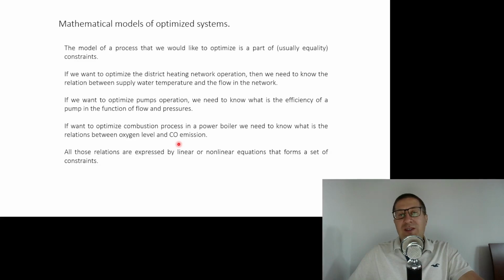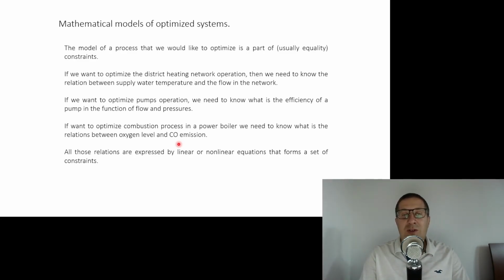If you want to optimize the district heating network operation, then we need to know the relation between supply water temperature and the flow in the network, right? So this is the example from the real-life case that was discussed in the last video.